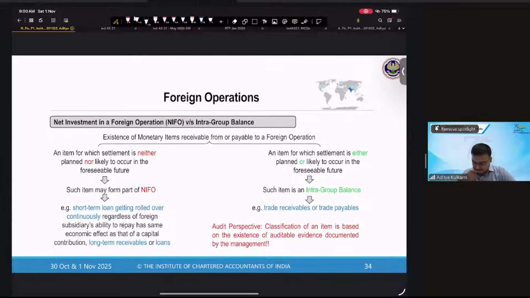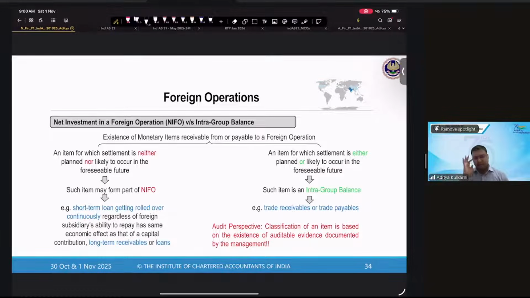Now see, many times, how do I set up these foreign entities? Typically, I will put in equity capital, yes or no? Correct? I will subscribe to the shares, or I will subscribe to the capital, whatever name you want to give, or I will subscribe to preference shares.